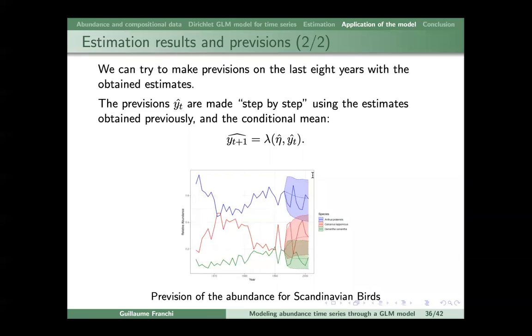So obviously there is a lot of variability and oscillations between our previsions, but still it captures quite well the trend of each species during the last 8 years. The ribbons you can see, blue, red, and green, are actually confidence intervals of order 95%.